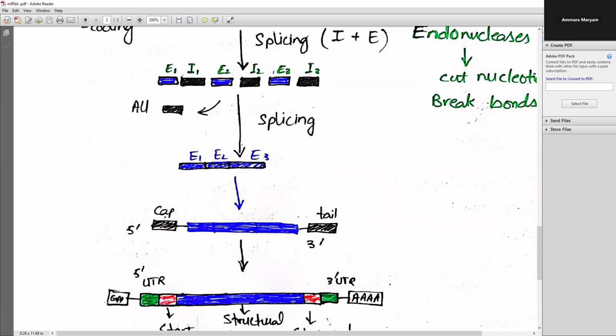Let me write here that this particular molecule that is used for capping is the 7-methyl guanosine triphosphate.